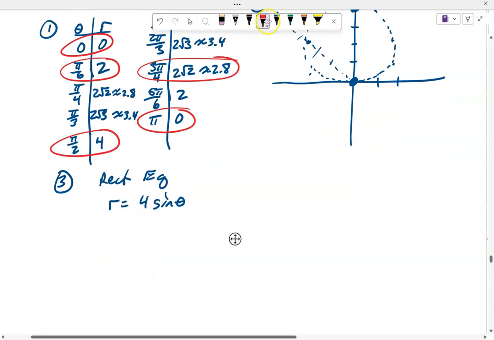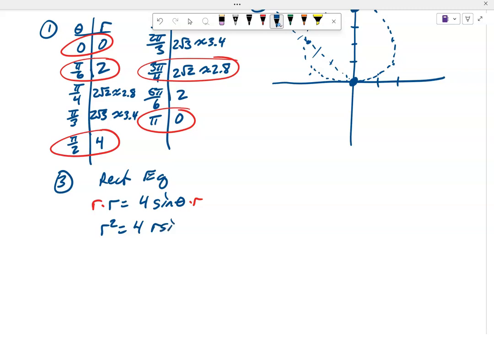Let me multiply both sides by r. So I've got r squared equals 4r sine theta. Well, I know r squared is x squared plus y squared, and I know r sine theta is y. So I have x squared plus y squared equals 4y.